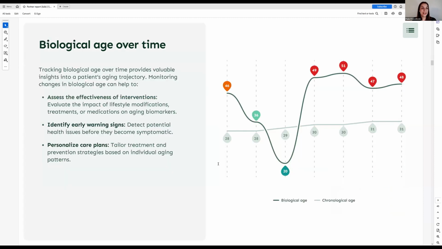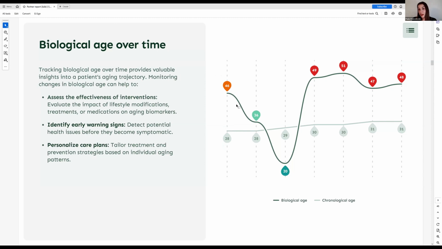So here is a very exciting page of the new report, which shows you the changes in the biological age over time, which is exceptionally beneficial for you working in practice. So for those who have preventative protocols that they can implement. For example, here we see a 28-year-old client that has a biological age of 46.